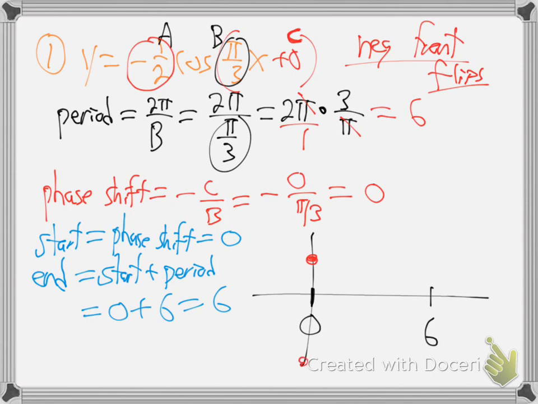So instead it's going to start low, end low, instead of starting high, ending high. And what's the half? That just means it's only going up to a half and down to negative a half, instead of like it normally does 1 and negative 1. But it's an upside down U shape between 0 and 6. Am I good? Questions on that one?